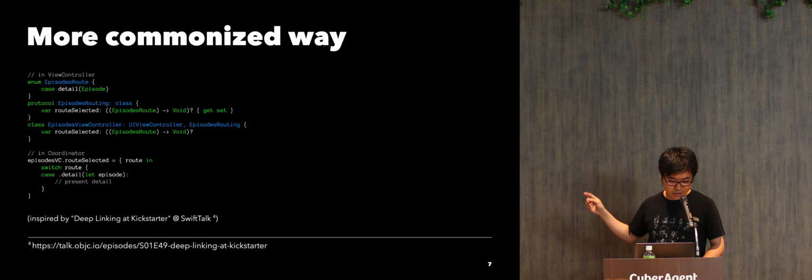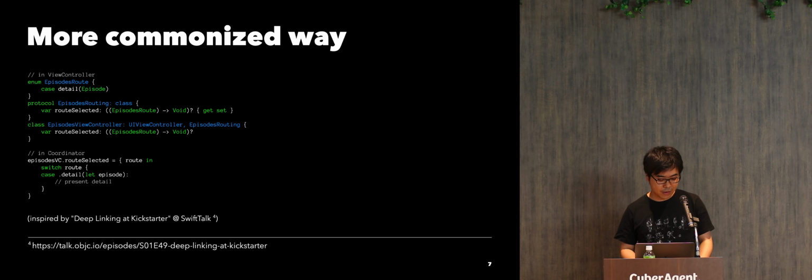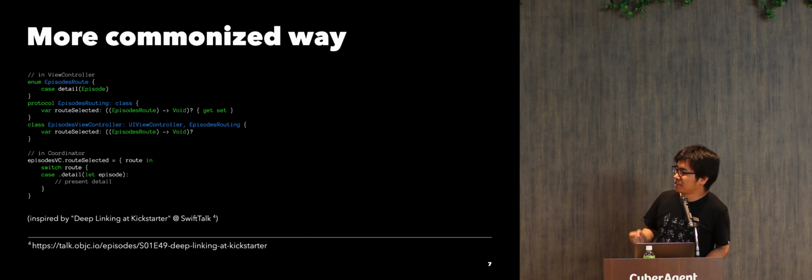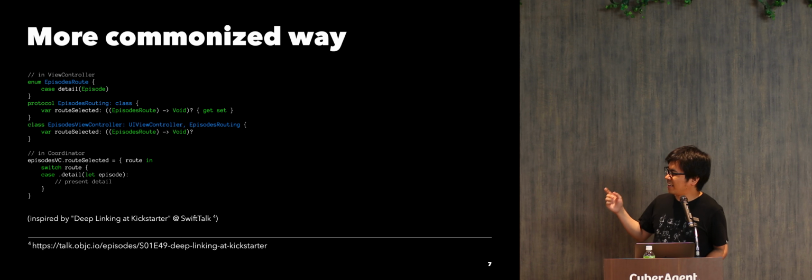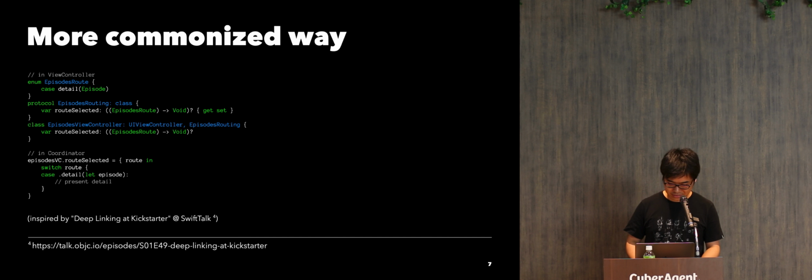In the coordinator, the closure is passed, and in the closure, it just switches on that enum route and decides the next view controller. This is inspired by the deep linking at Kickstarter, which was also from Swift Talk. They are a little bit different, but they do something very similar to this.